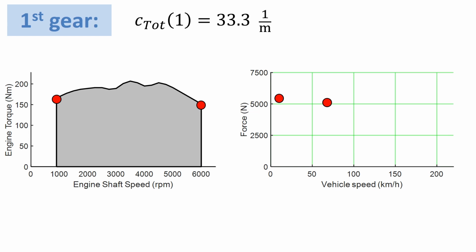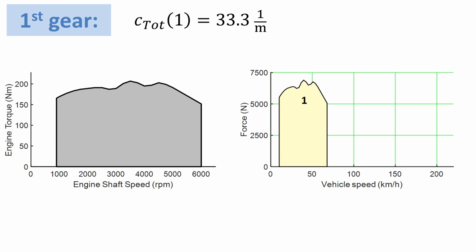The next operating point is here, and the third is here, and the final one is here. The result is again an operating range of the same shape as the engine's operating range in torque and shaft speed. This time the shape is much higher in force, but more narrow in speed. So, this is the operating range for the first gear.